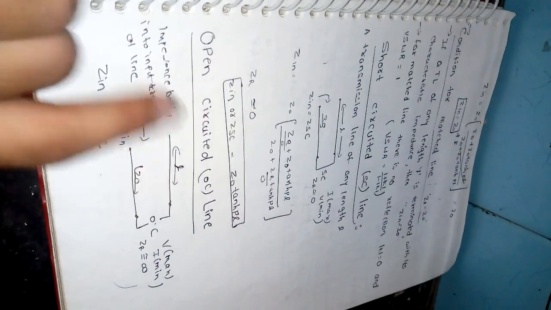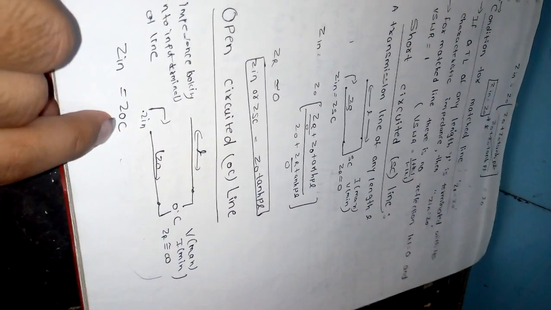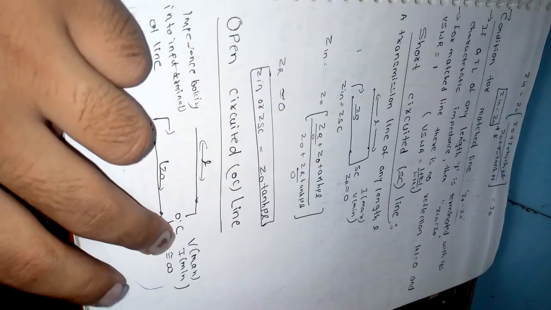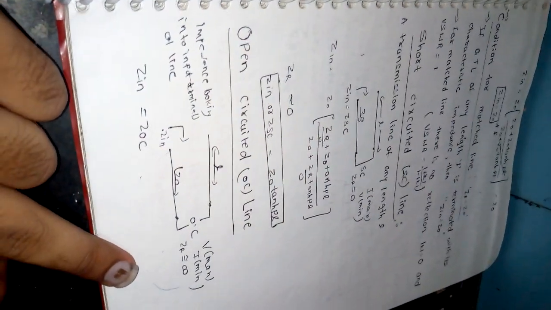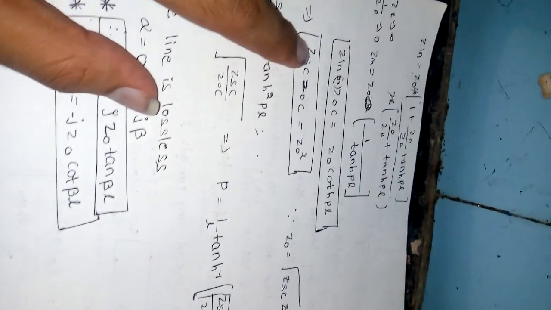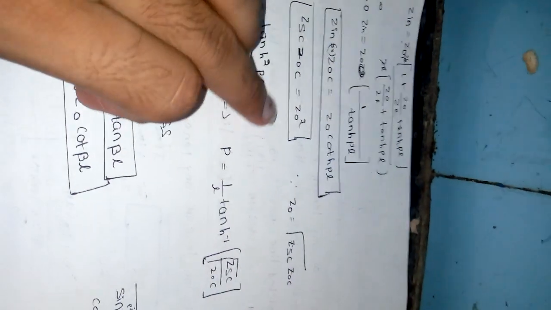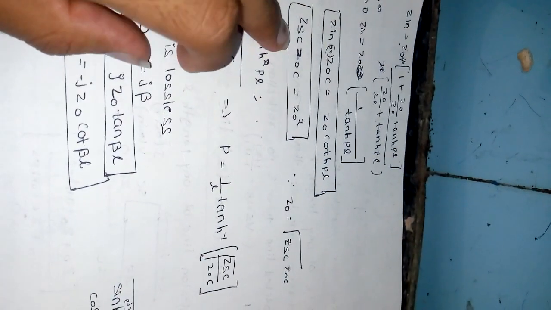Open circuited line: the impedance looking into the input terminals of the line, Zn, is ZOC for open circuit. If they are open circuited, voltage is maximum, current is minimum, and ZR is equal to infinity. So for the open circuited line, ZOC equal to Z0 coth gamma L. ZSC into ZOC equal to Z0 square.